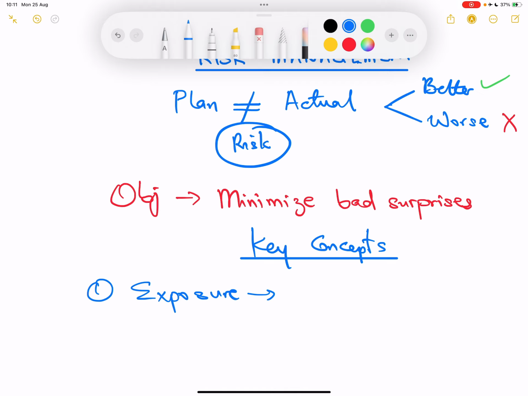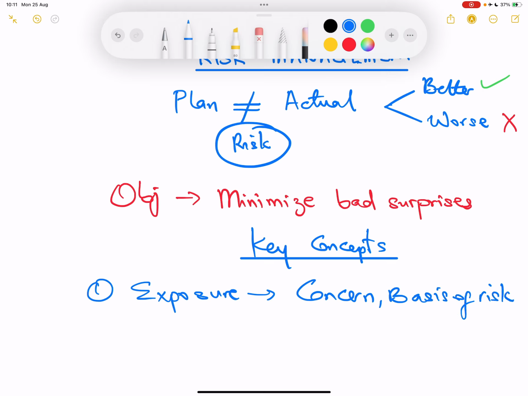What are your concerns? What is the basis of you having such fear of actual not being the same as your plan? What are you afraid of? That is your exposure. So we're talking about our concern, the basis of risk.